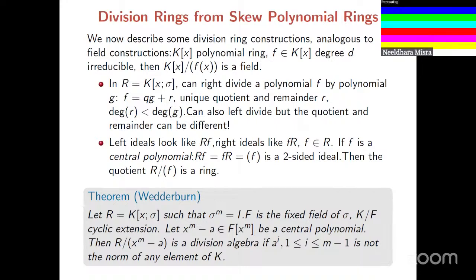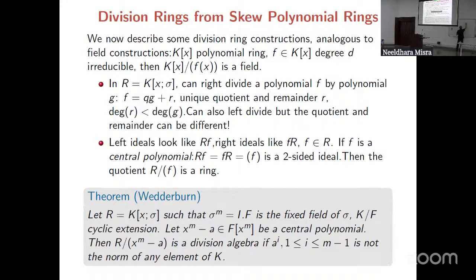Any element, let's call it b, the norm looks like b into sigma b, etc., sigma to the m minus 1 of b. The product of all the automorphisms' images lands in the fixed field.